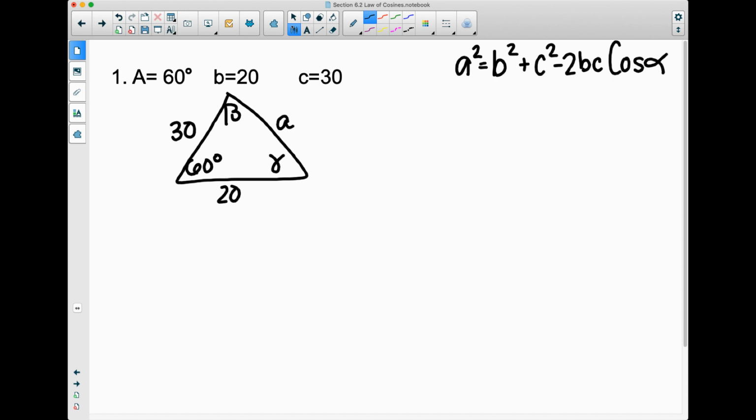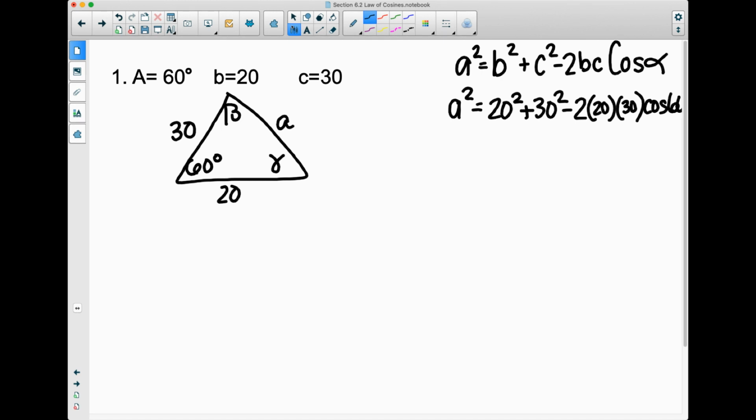So if I'm going to solve for little a, I'm going to plug in everything I know. It really doesn't matter what you put for B or C because adding is commutative, so we won't run into an issue there. And then you're also multiplying here, which is commutative. You don't have to worry about that. Remember those old words?